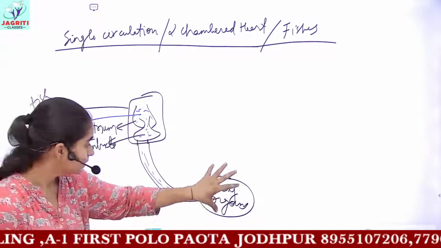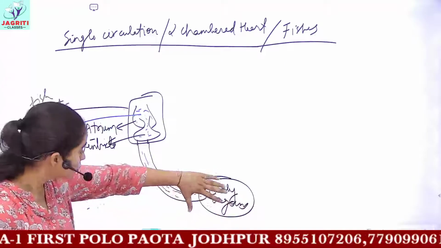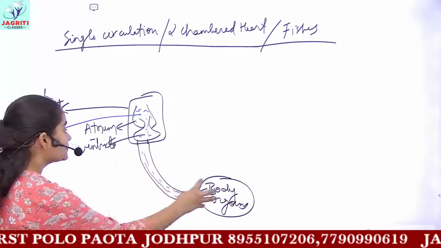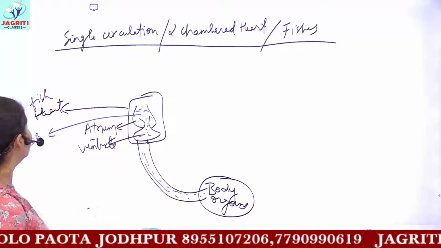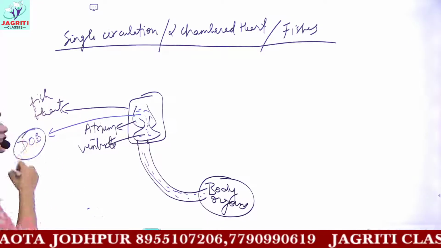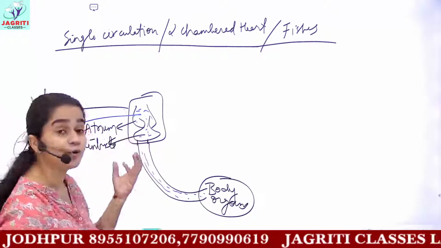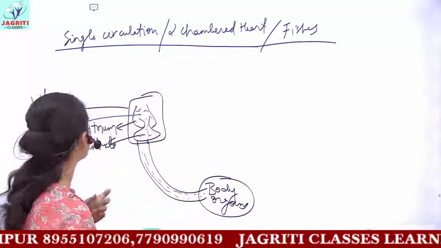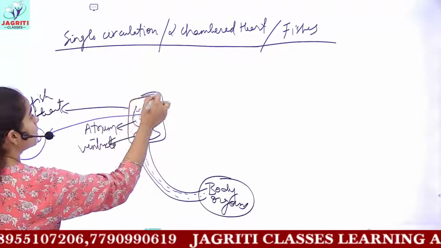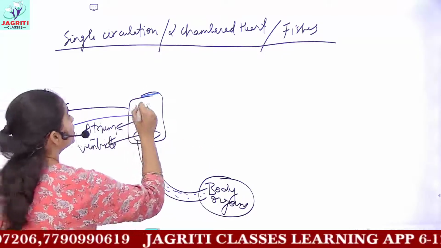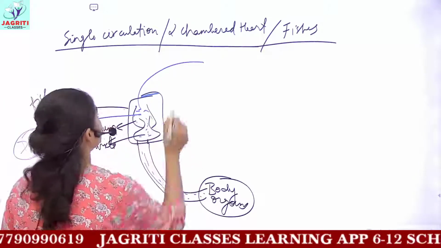Then, once the blood from the body organs passes through a network of veins to the heart, it remains in the deoxygenated form. No type of oxygenation occurs in the heart of fishes. This is your heart of fishes.